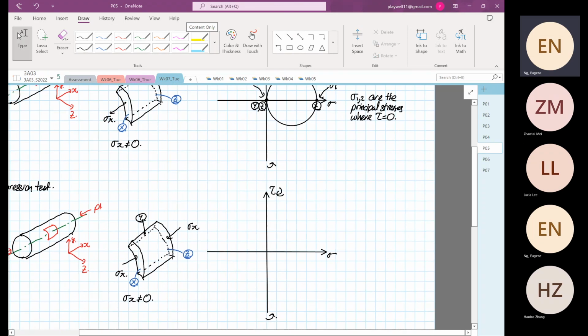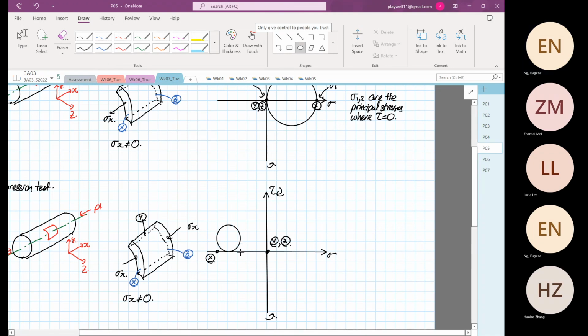So over here, this one over here is for our point Y and our point Z. And over here, this is our point X. Okay, so now we can construct another circle. All right, this is our circle. And again, over here, this is our stress 1. Over here, that is our stress 2.